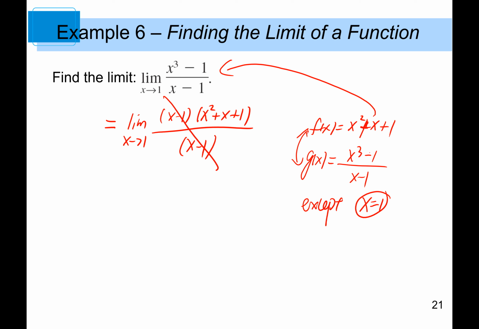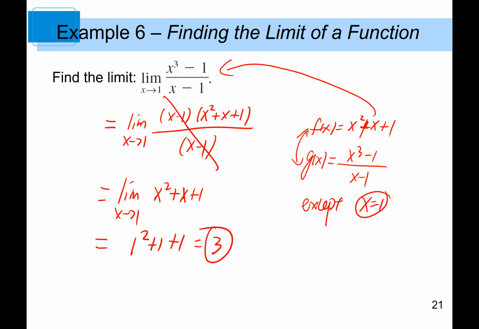Now the limit of g of x becomes the limit of f of x, which is x squared plus x plus 1. Since it's a second degree polynomial function, we can do direct substitution. So it becomes 1 squared plus 1 plus 1, which gives us 3. So the limit as x approaches 1 of x cubed minus 1 over x minus 1 is equal to 3.